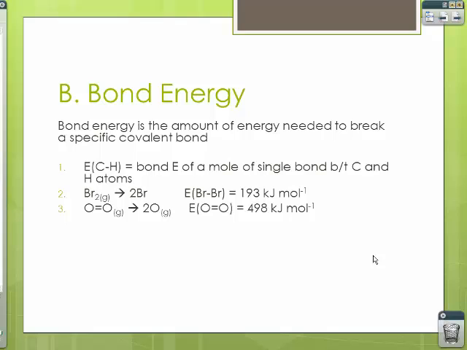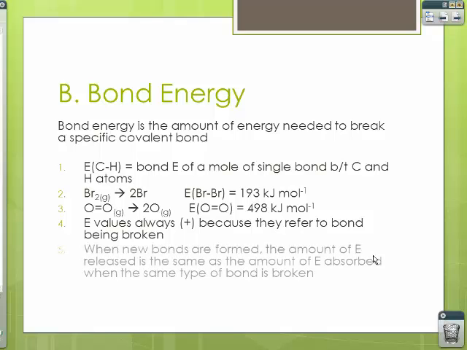To break an oxygen molecule, it takes more because of that double bond between the O's. Energy is always positive because it refers to breaking the bond, so you gotta put energy in. When new bonds are formed, the amount of energy released is always the same as energy absorbed when the same type of bond is broken.